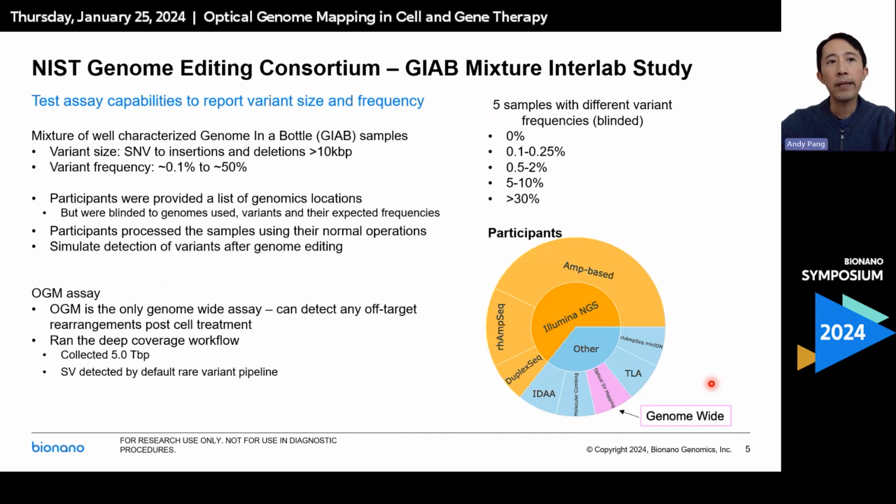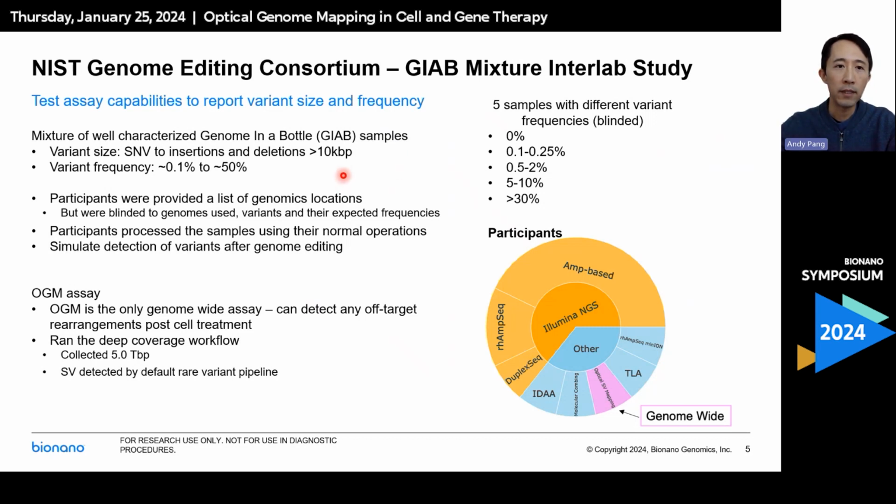Now I'm going to switch gears and revisit the NIST Genome Editing Consortium that Samantha Maraj just presented to you. And just to reiterate, the purpose of the consortium here is to test the assay's capabilities to report variant size and frequency. So they made a mixture of well-characterized Genome in a Bottle samples. The variants of interest range from single nucleotide variants to insertions and deletions of at least around tens of kb.